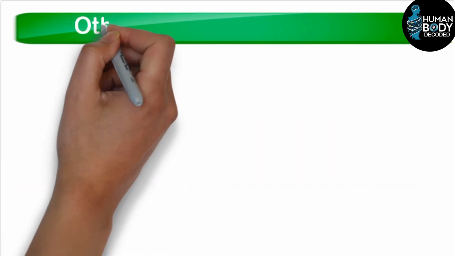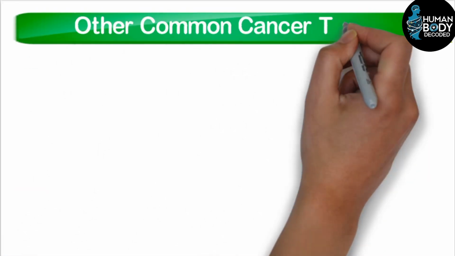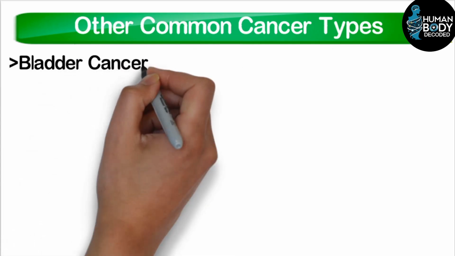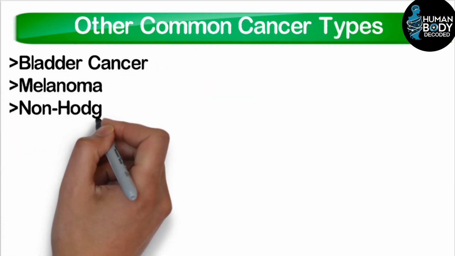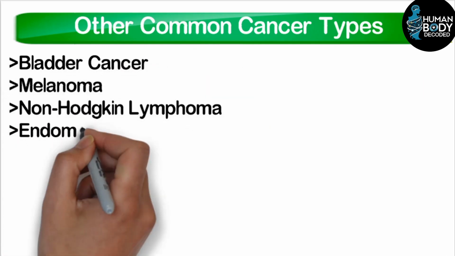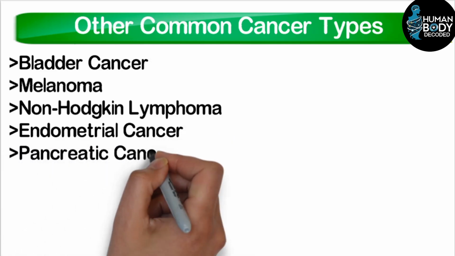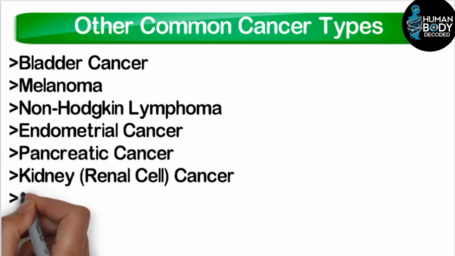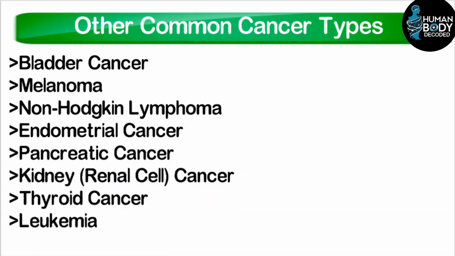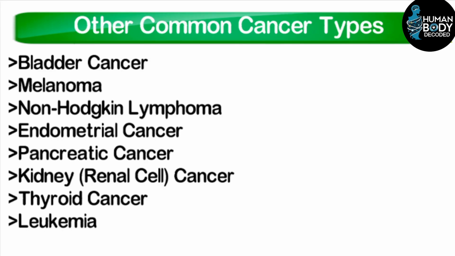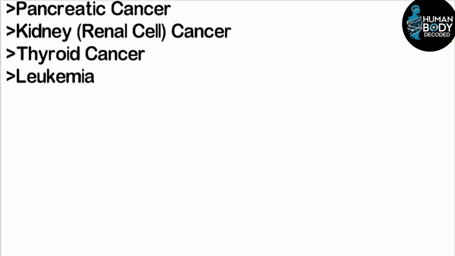Apart from these, there are many other types of cancer, like bladder cancer, melanoma, non-Hodgkin lymphoma, endometrial cancer, pancreatic cancer, kidney cancer, thyroid cancer, leukemia. So, there are many other types of cancer which are actually common.